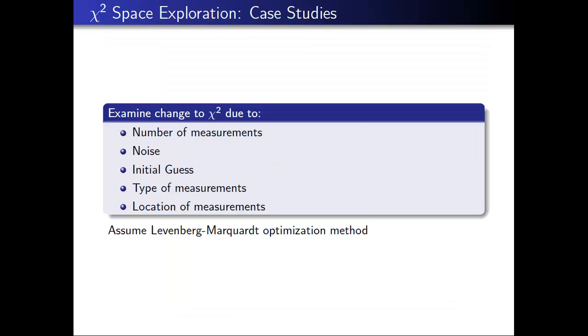So now I thought I'd go through some examples of actual inversions. And I wanted to explore this chi-squared, not in my schematic, but using some actual data, and look at the effect of that topology based on the number of measurements, the amount of noise in your measurements, your initial guess, the type of measurements that you use, and the location of the measurements.